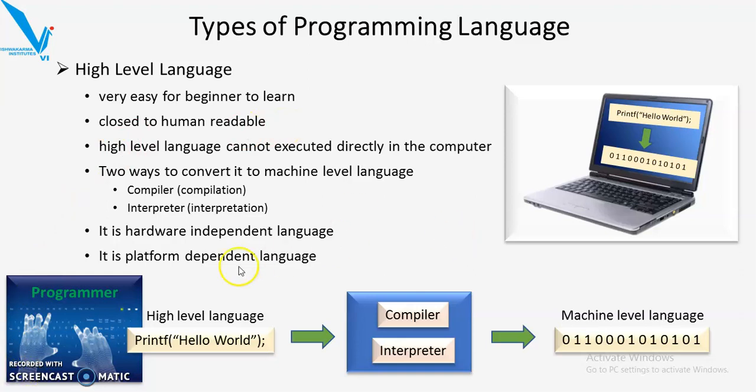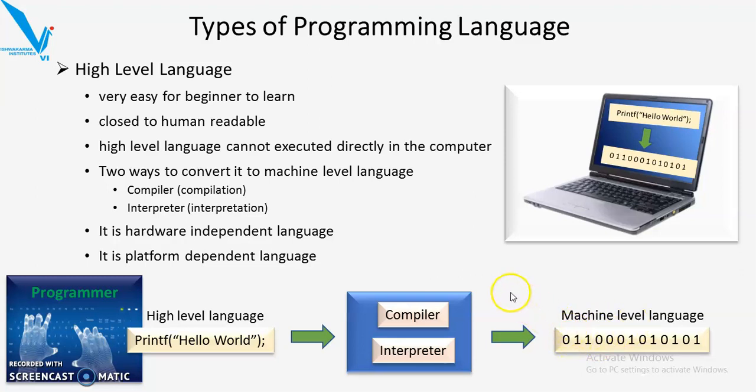If we look at this code, it is easy to understand what we are typing to do. A program written in a high level language cannot be executed directly on the computer. That is because the computer can only understand machine level language.